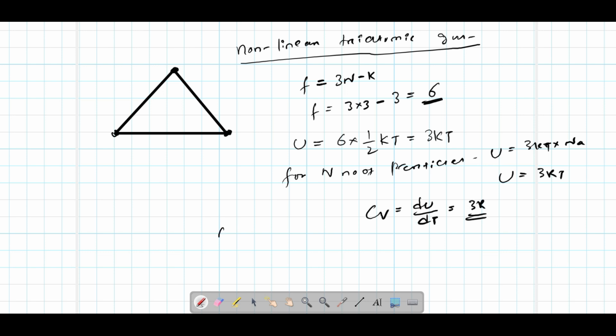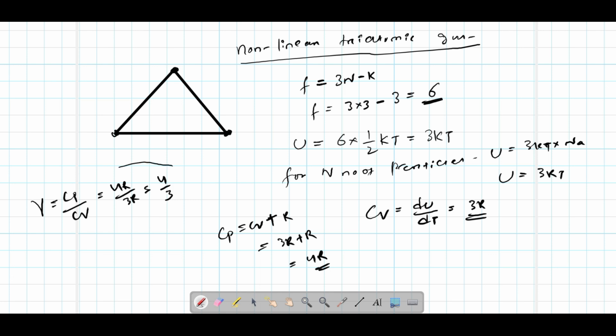Cp equals Cv plus R, 3R plus R equals 4R. Gamma equals how much? Cp by Cv, 4R by 3R, 4 by 3. Gamma equals 4 by 3.